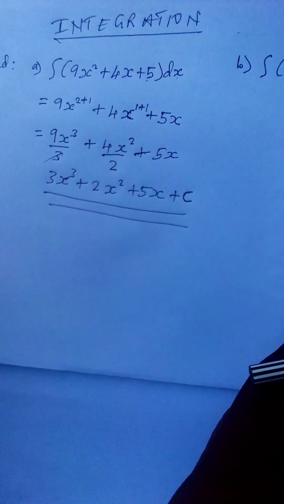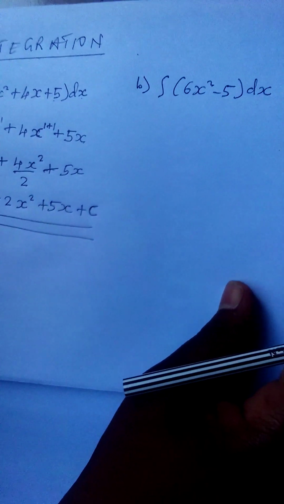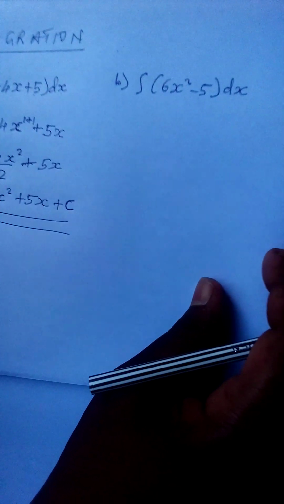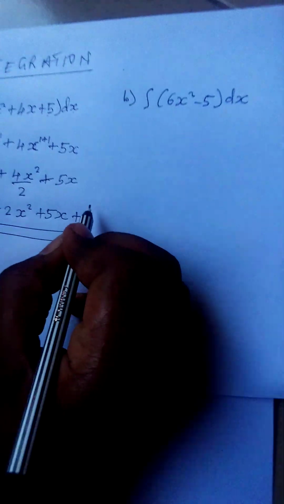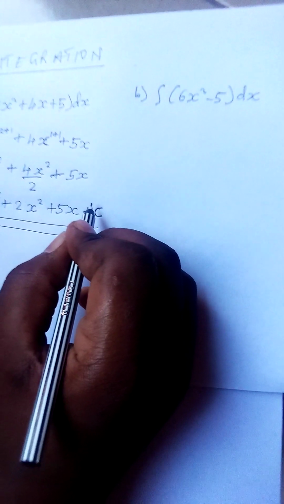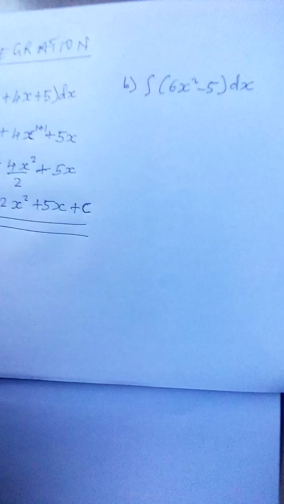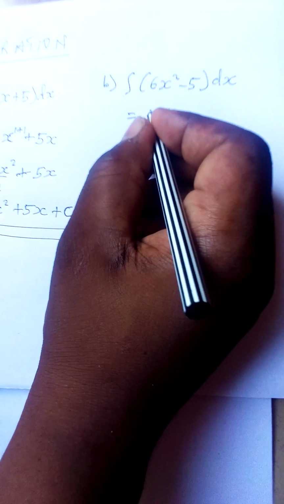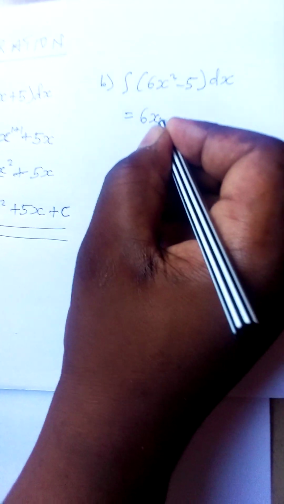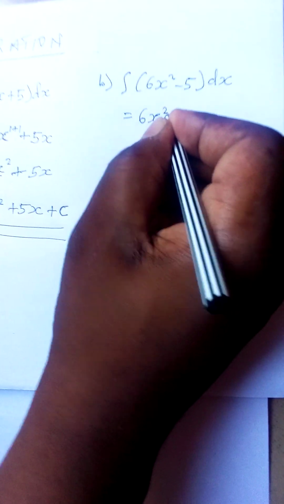We look at the second question, question B. So what we are going to do here is the same procedures. This will be equal to 6x to the power 2.